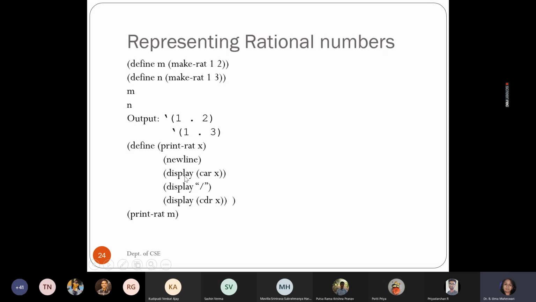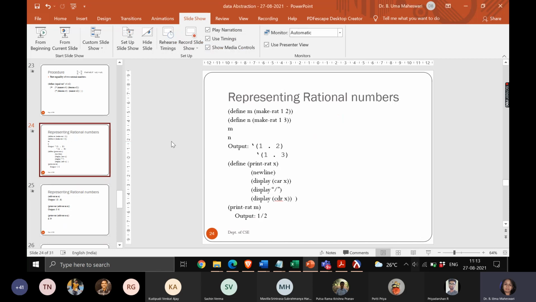And then after moving to the new line, I display car of x. That means the numerator will be printed, and then display slash. Then display cdr of x, the denominator. So if your variable is 1, 2, it will print as 1 by 2. If your variable has a value 1, 3, it will display as 1 by 3. Okay, that's what you were asking, right?